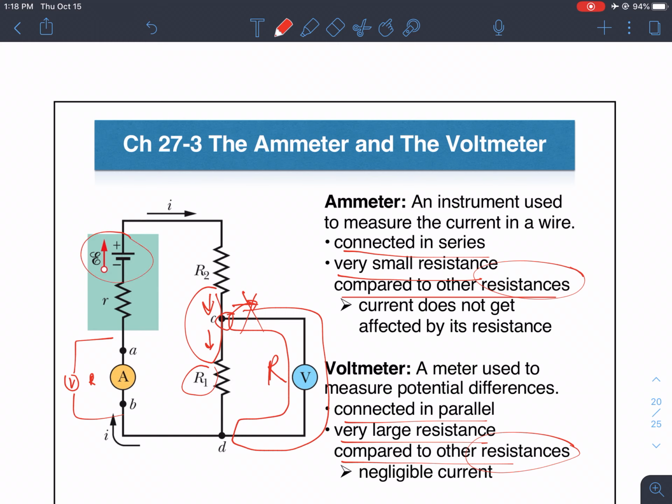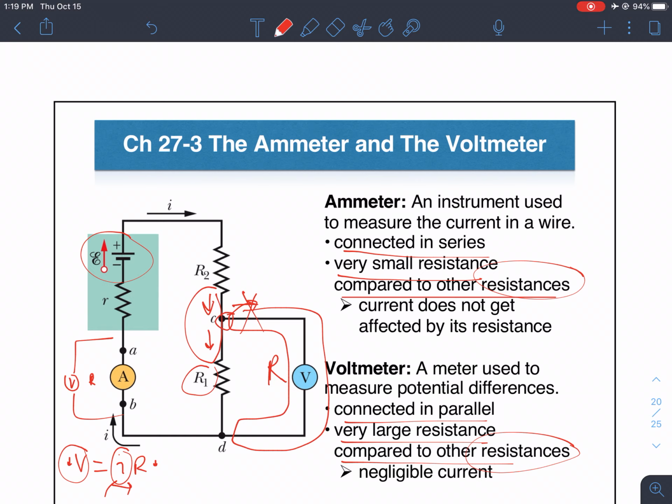And if you have a small R, V is equal to IR, since you don't want to change the current, if you have a very small R, you're going to get a very small voltage, so that you can keep the current the same, and you barely change the voltage shared among the other resistors, because you're not really getting much of it if you have really small resistance.